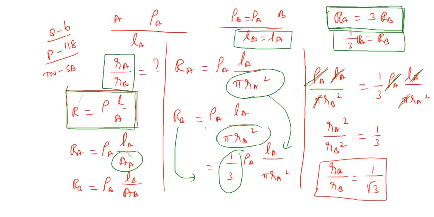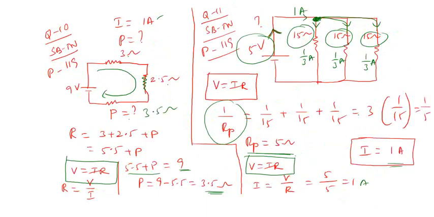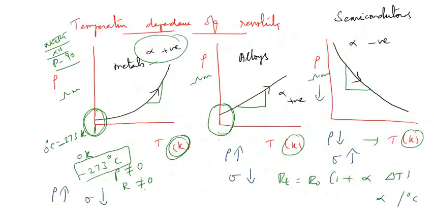When they have equal length and the resistance is different, resistance of wire A is 3 times resistance of B. And here we apply resistor in series and resistor in parallel formula, and then we apply Ohm's law, and this is temperature dependence of resistivity.